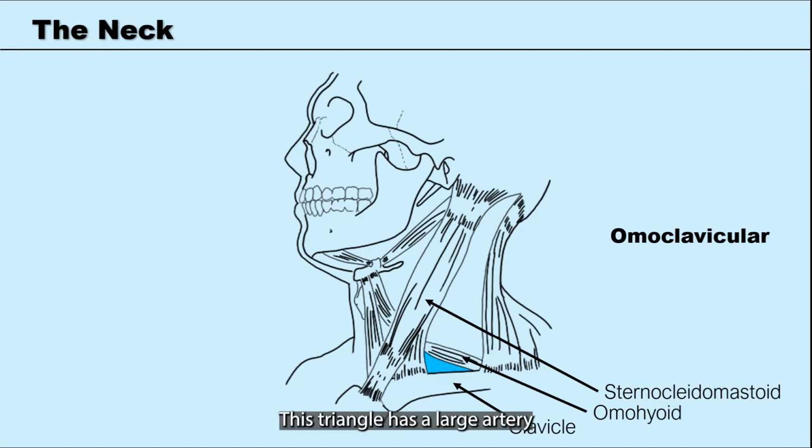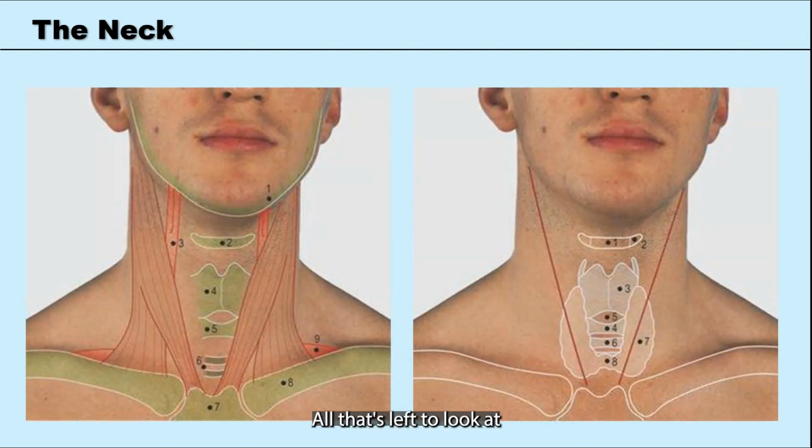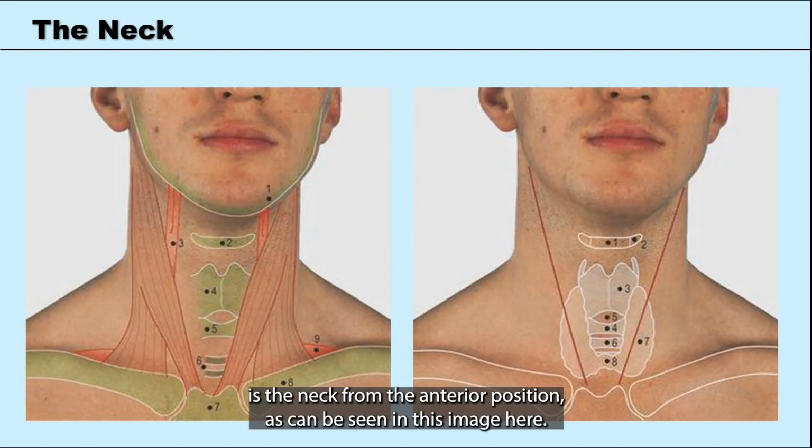This triangle has a large artery running through it, called the subclavian artery, and the external jugular vein and the brachial plexus can also be found in here, as can the phrenic nerve, which is the nerve that controls our diaphragm for breathing.